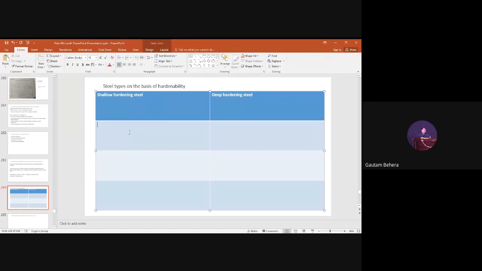Or for shallow hardening, in other words, I can say the depth of hardness is limited to a small distance from the surface, right?